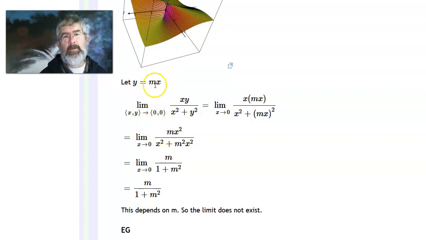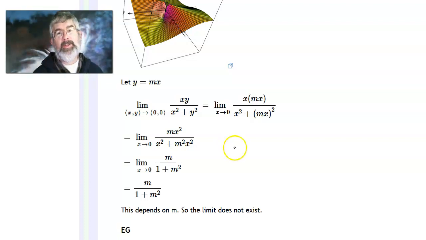If I came in along y equals minus x, then this would be at minus a half coming in this way. In fact, every single line you come in on, you get a different limit. Coming this way, it's there. Coming this way, it's up here, up here, up here. You keep getting different limits. And so the limit does not exist. Lots of different values as you come in from different directions.